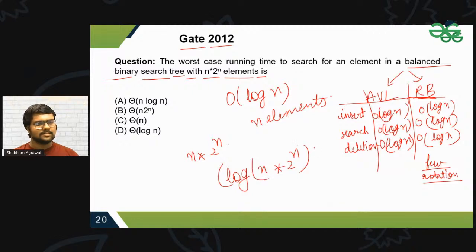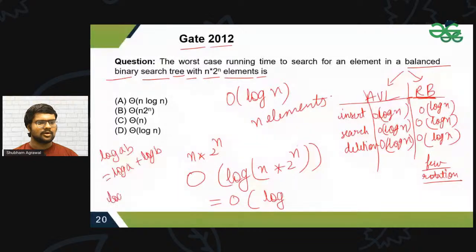And if we simplify this, we use the log property: log AB is log A plus log B, and log A to the power B is B into log A. So we have to use these two properties. So here it is log n plus log 2 to the power n.